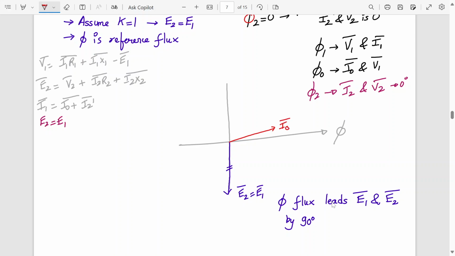I naught bar. But we should also determine where I2 should come, and correspondingly the other things. Where will V2 come?